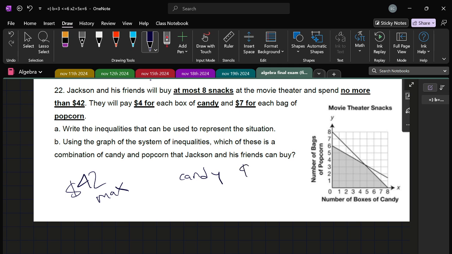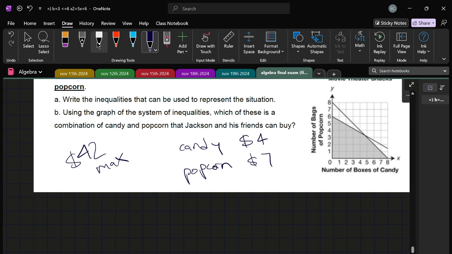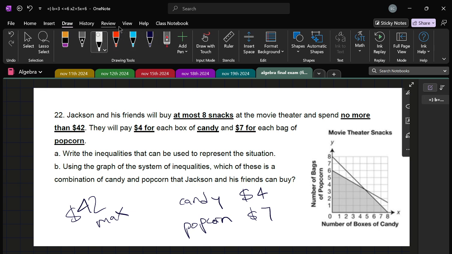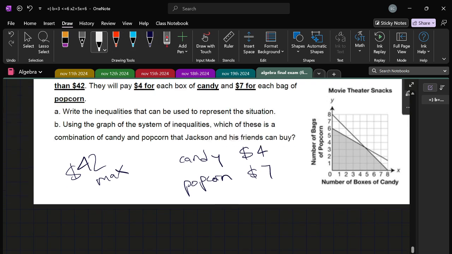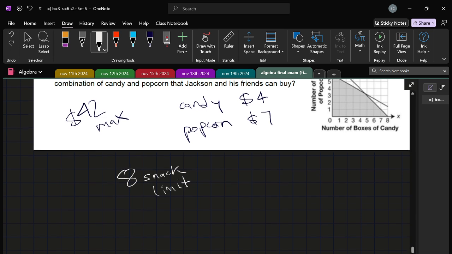Candy costs $4 and popcorn costs $7. So the first inequality, also I forgot to write what the first inequality was, at most 8 snacks, right? So 8 snack limit, which means that the addition must be less than or equal to.